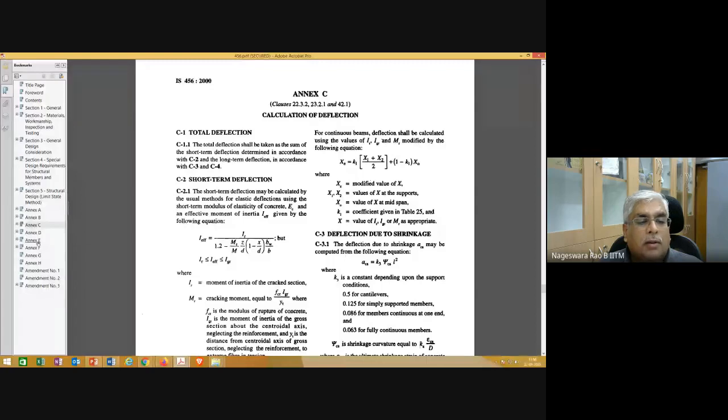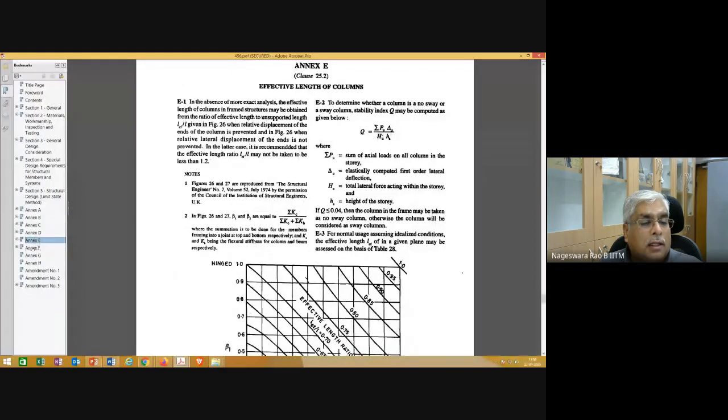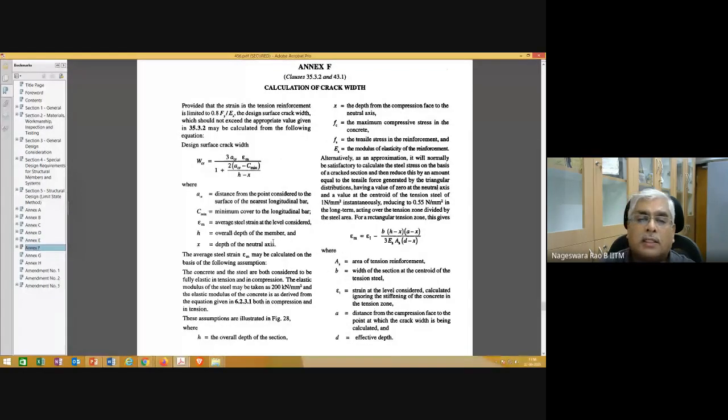Now coming to Annexure F, crack width calculation. The relations that you are going to see in this are mostly empirical in nature, and a good discussion on this is given in Professor Devdas Menon's book.